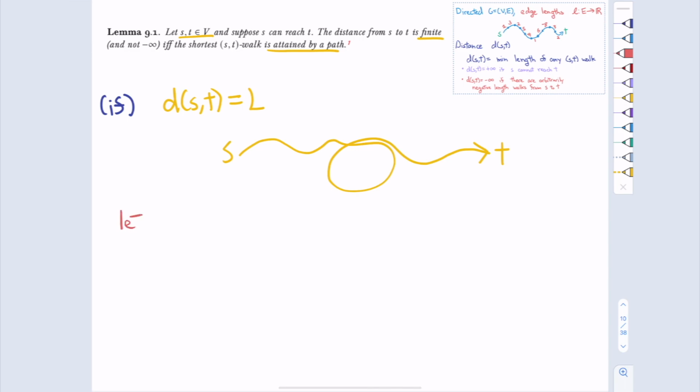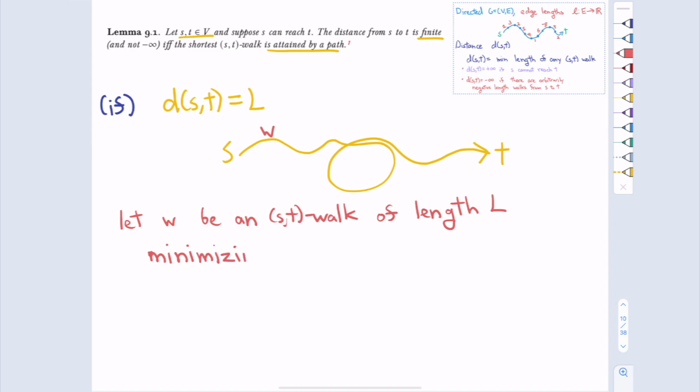All right. So let's let W be an ST walk of length L. We know that such a walk exists, but there may be more than one. Maybe this walk we've drawn is W. But out of all walks of length L, let's take the one minimizing the number of edges in the walk.